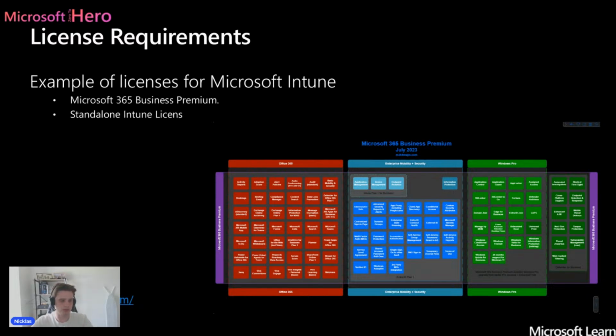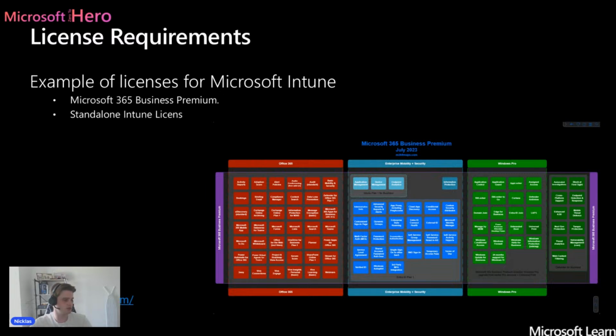And there is Windows Pro included as well. And lastly, we have Defender for Business, which is Defender for Endpoint, if you know that product. So yeah, if you are a small business, or if you are just looking to get started with learning Microsoft Intune, I would highly encourage you to take a look at the Business Premium license.